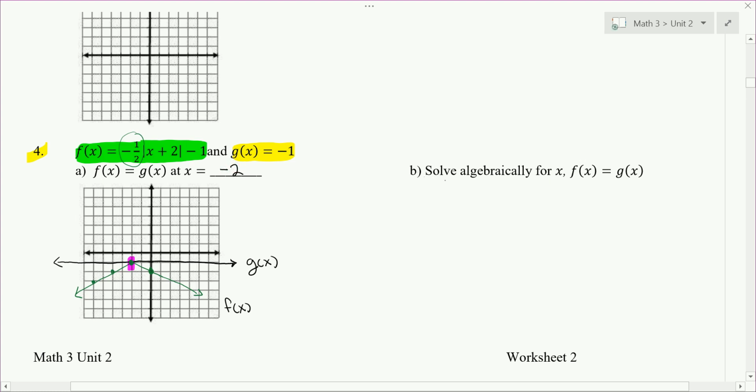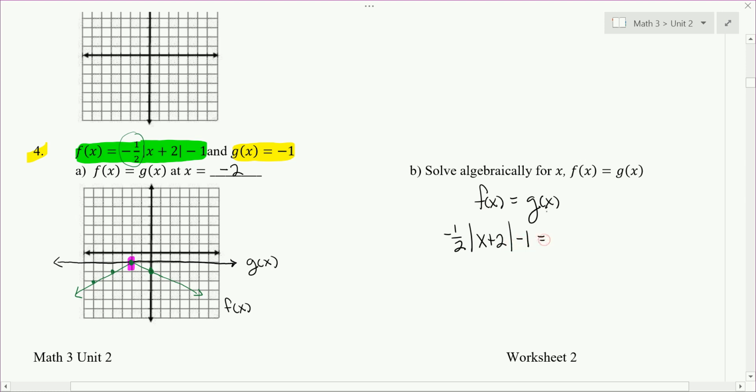For part B, we're asked to solve algebraically for x when f of x is equal to g of x. So for f of x, we have to use the function that I highlighted in green. So I'm going to replace f of x with negative 1/2 absolute value x plus 2 minus 1.